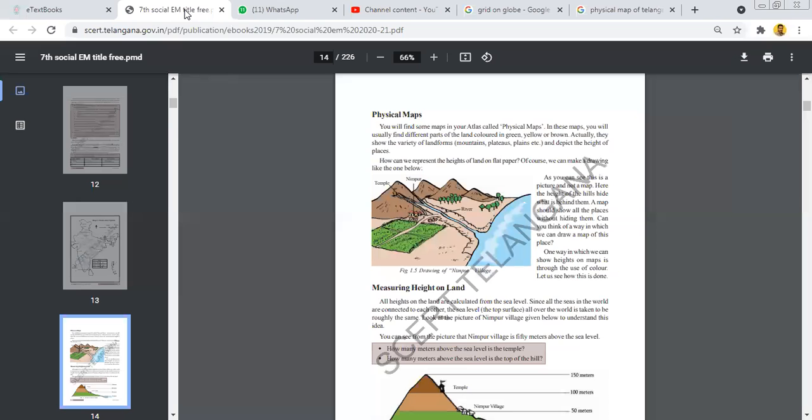Here fields are given, the river is there near the village, and a temple is located on the top, in the middle of the hill. Some trees are there, and barren lands are there, and there is an ocean near the village. So these features we cannot show on the map as it is.